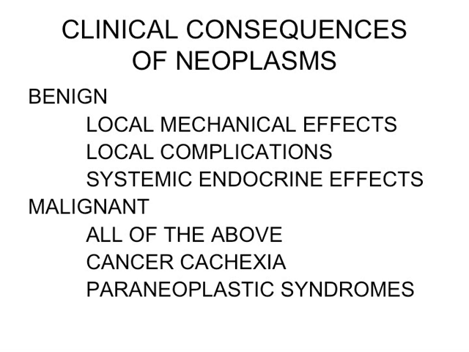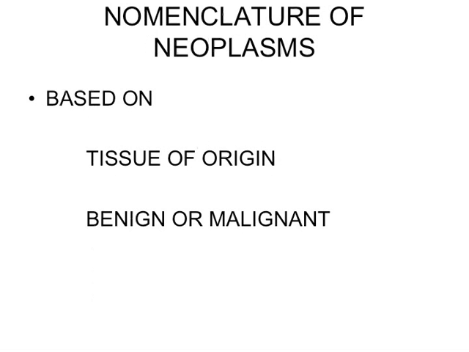There's a table in your book, I think it's on page 273 if I'm not wrong, that shows you a benign this and a malignant counterpart, a benign this and a malignant counterpart, and so forth. I don't want you to memorize that, but spend 30 seconds with that chart, and it will give you an idea of how we go about naming things. Now, basically, it's not rocket science. We name tumors on a basis of two things: the tissue of origin and whether it's benign or malignant.